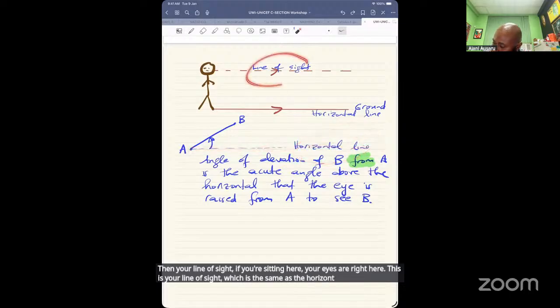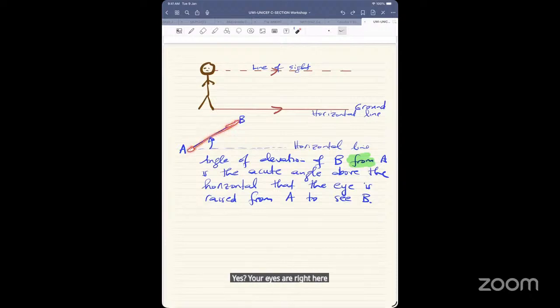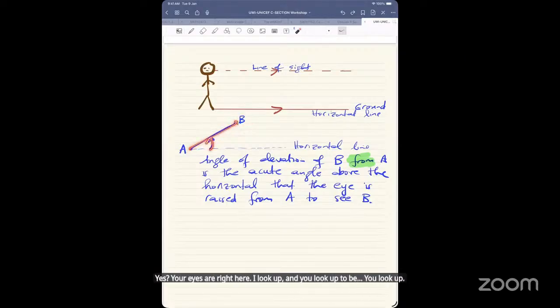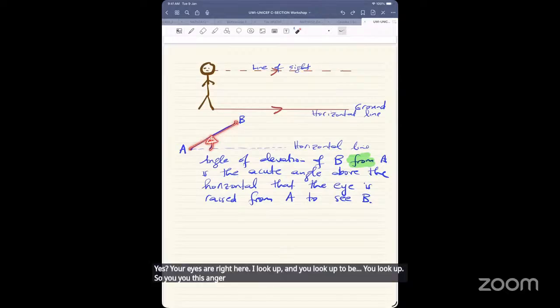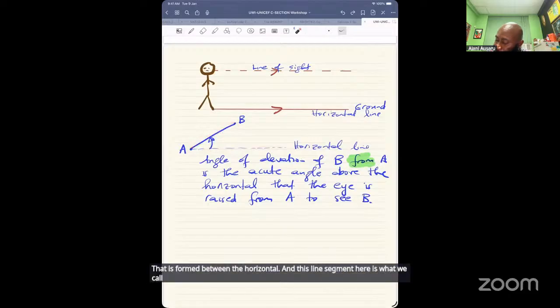Yes or no? Your eyes are right here, and you look up to B. So this angle that is formed between the horizontal and this line segment here is what we call the angle of elevation of B from A.